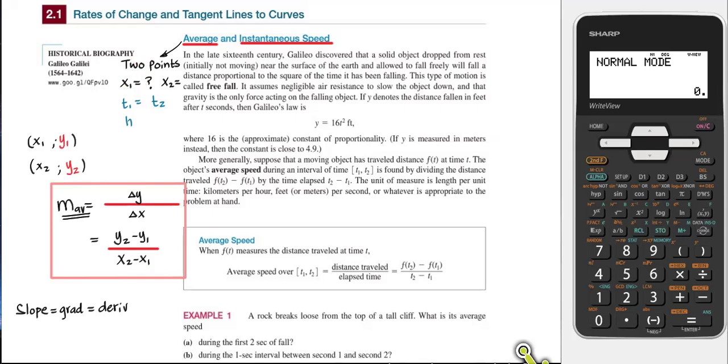That line that cuts the graph at 2 points is called a secant, like cos, tangent. When you work out the gradient of a secant, it's what we call the average gradient of a curve.